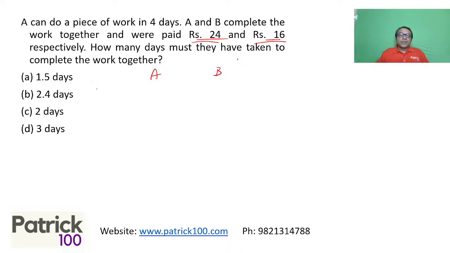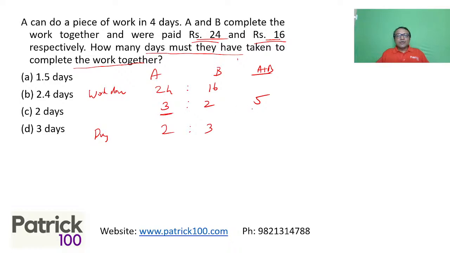A and B, if I look at, they're paid 24 is to 16, which is nothing but work done. Work done by them is 24 is to 16, which is 3 is to 2 by A and B. Right? So number of days taken becomes reverse, becomes 2 is to 3. You can do that. But because you want how many days they must take to complete the work together, you can take A plus B 5 amount of work.